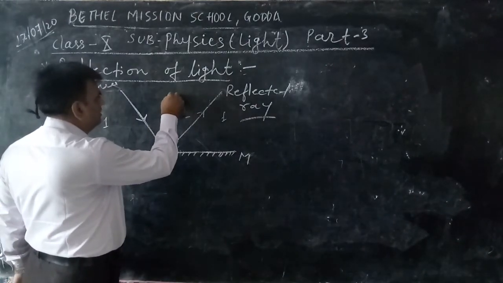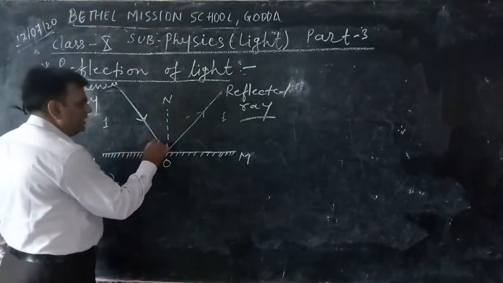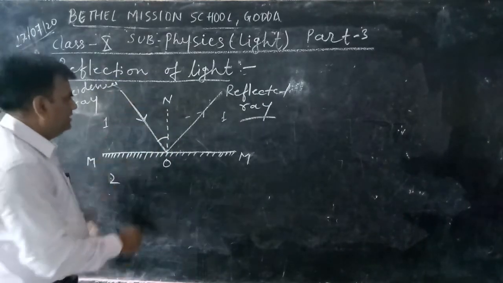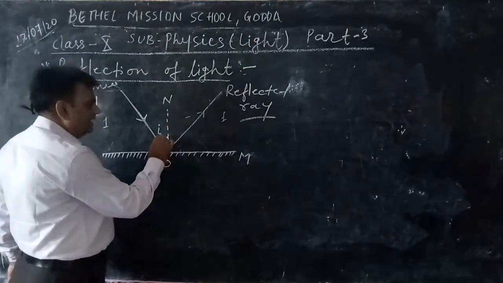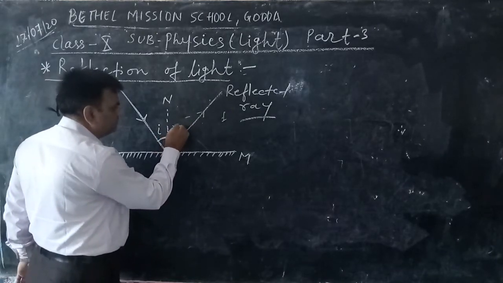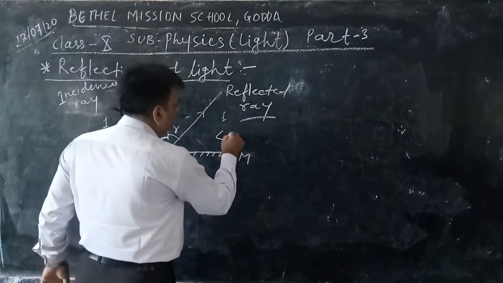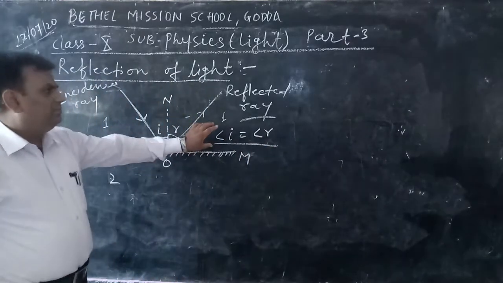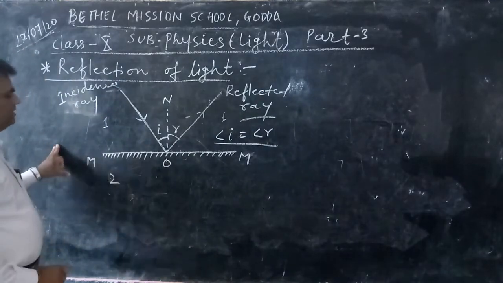This is the normal, N and O. The angle formed between the normal and the incidence ray, suppose that this angle is I, and the angle formed between the normal and the reflected ray, suppose that this angle is R, then angle I equals angle R. This is the property of the incidence ray, and that's why there are two laws of reflection.